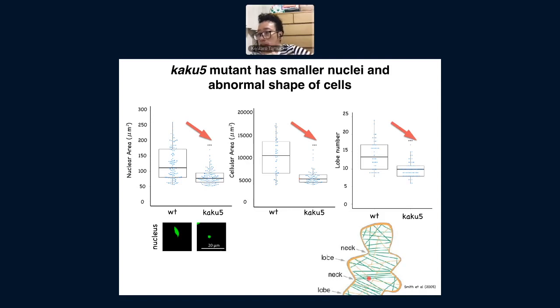The leaf pavement cell has a very characteristic puzzle shape. There are neck domains and lobe domains. To evaluate cellular shape, we quantified lobe numbers. As shown here, the KAK5 mutant has a lower number of lobes in pavement cells, suggesting that the KAK5 mutation affects both cellular and nuclear shape.